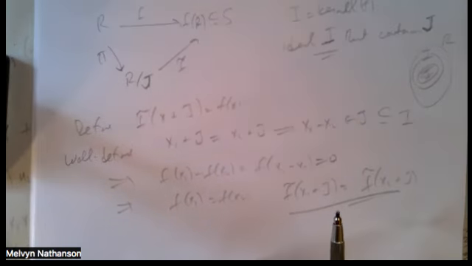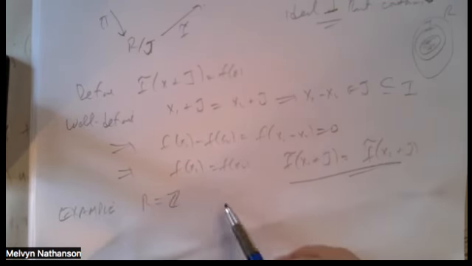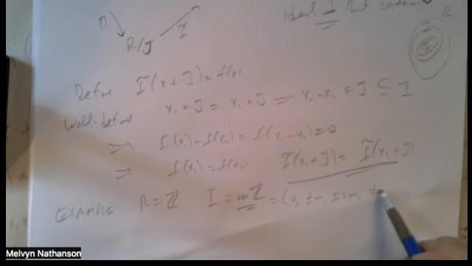Again, this is already familiar to you in the simplest example. Suppose I take R, the ring, to be the integers, and the ideal to be the set of all multiples of M. If you take a positive integer M and you look at all multiples of M, so this is 0, plus or minus M, plus or minus 2M, plus or minus 3M, and so forth. This is an ideal. And we have the quotient ring Z mod MZ.